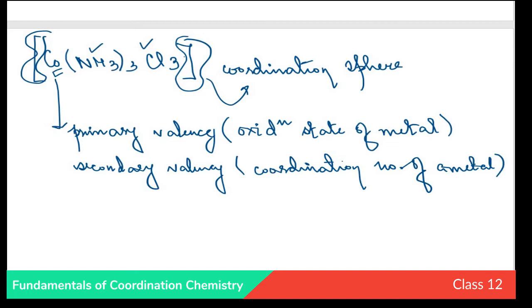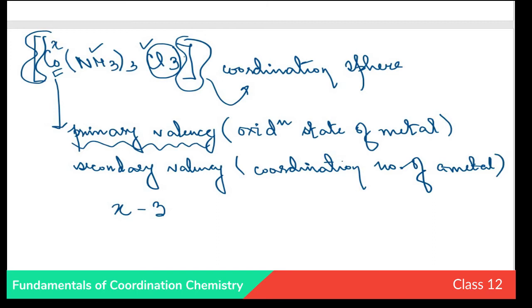Now, we have to find out the primary valency of the metal, that is the oxidation state of the metal. Since it's unknown to us, let us consider a variable x for its oxidation state. Now, Cl is a 1 electron donating species, so 3Cl would make it minus 3.